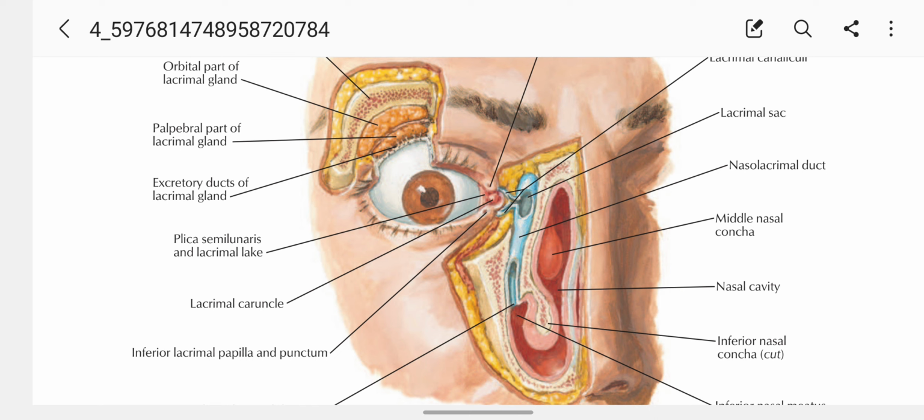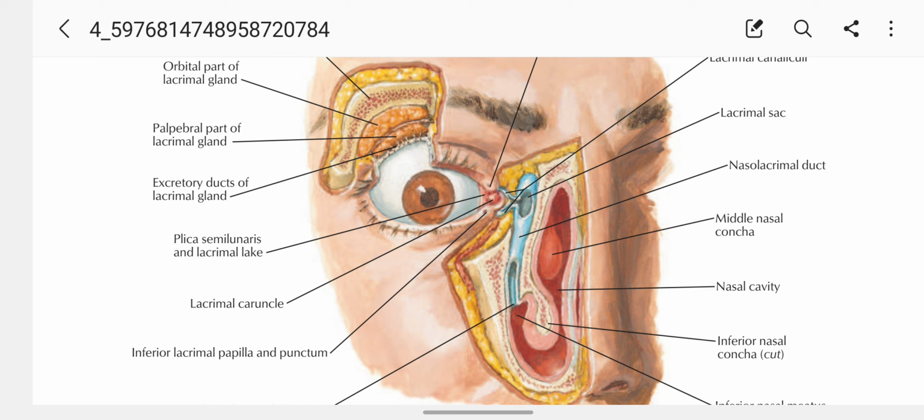The secretomotor fibers come from the lacrimatory nucleus, or superior salivary nucleus, at the level of the pons. From the superior salivary nucleus, through the nervus intermedius of the facial nerve, it reaches the geniculate ganglion.